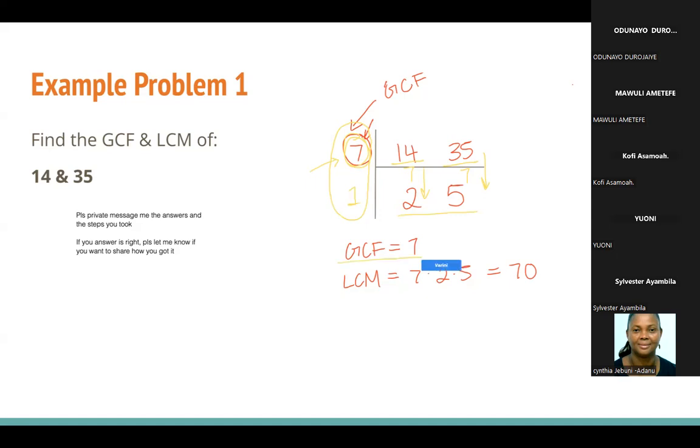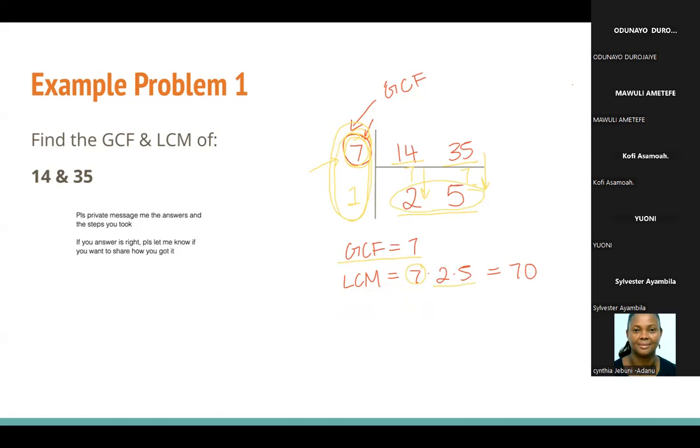To get the LCM, we need to do the things on the left, 7, times the numbers at the bottom. With 7 on the left and 2 times 5 on the bottom, our LCM will be 7 times 2 times 5, which gives us 70. Does that make sense?